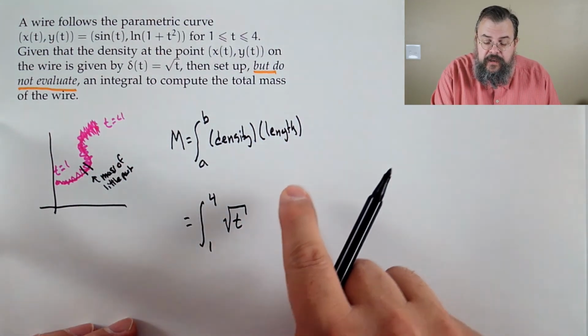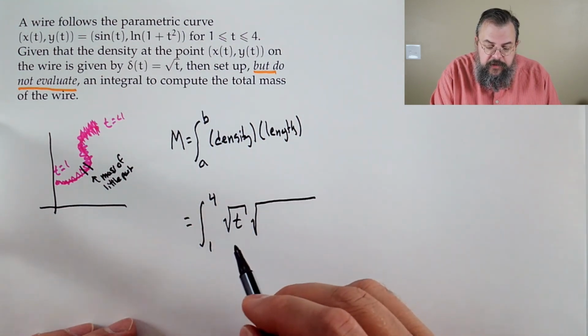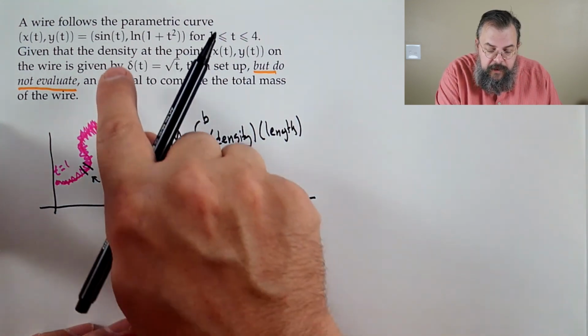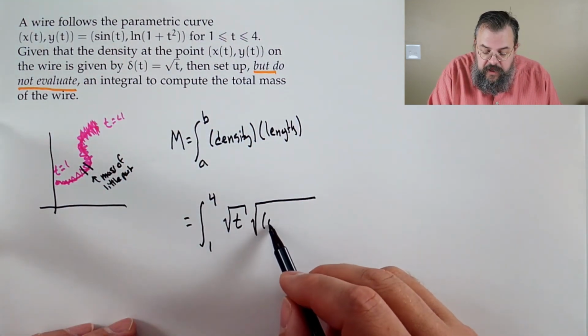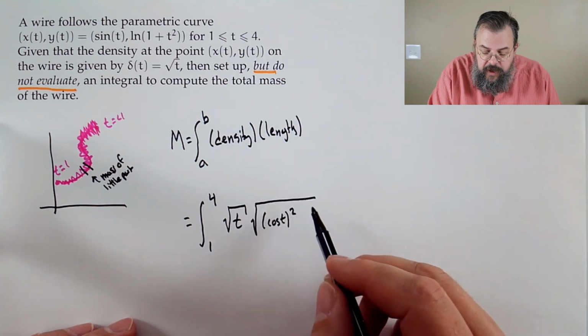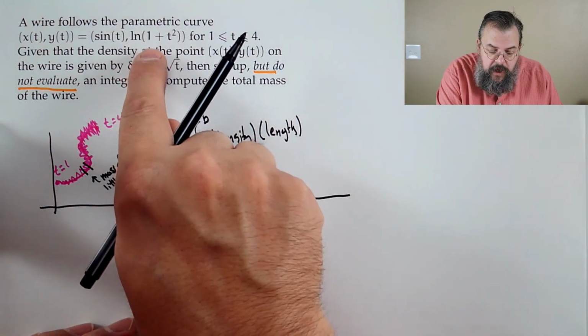Density is root t. The length is the distance formula. So square root of x prime, so the derivative of sine will be cosine, squared, plus the derivative of y.